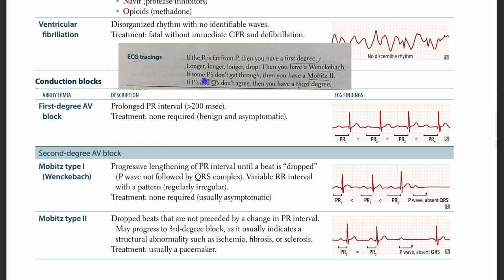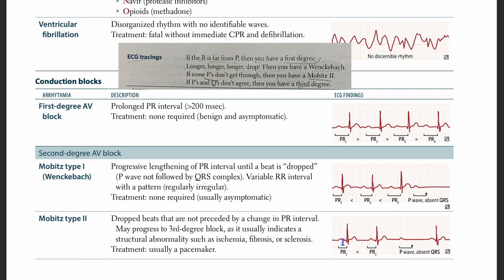Okay. If some P's don't get through, then you have Mobitz 2. So Mobitz type 2, that's dropped beats that are not preceded by a change in PR interval. May progress to third degree block as it usually indicates a structural abnormality such as ischemia, fibrosis, or sclerosis. Treatment is usually a pacemaker.